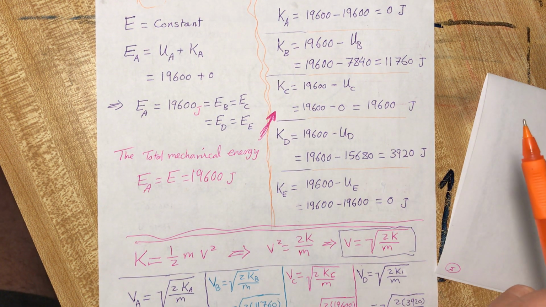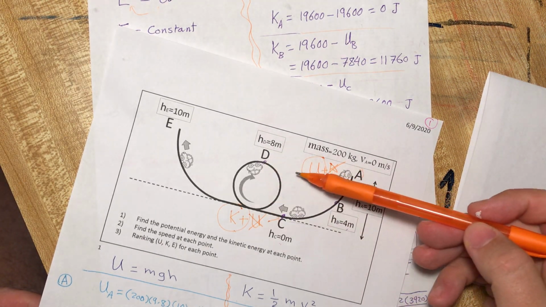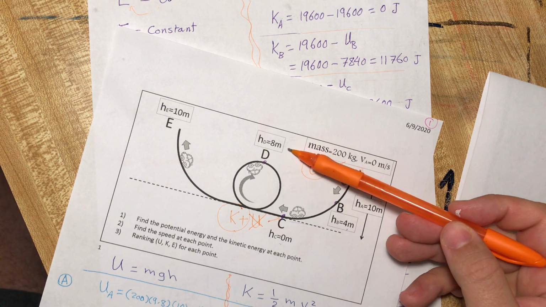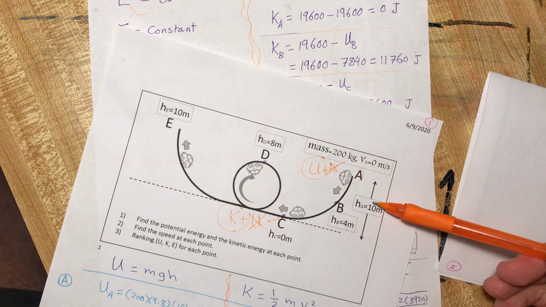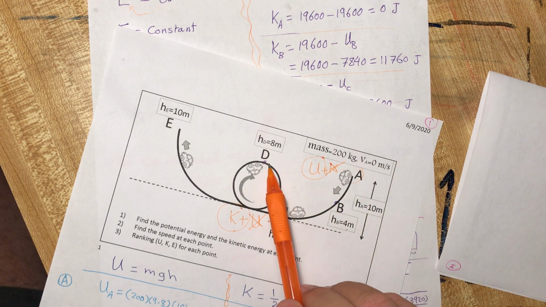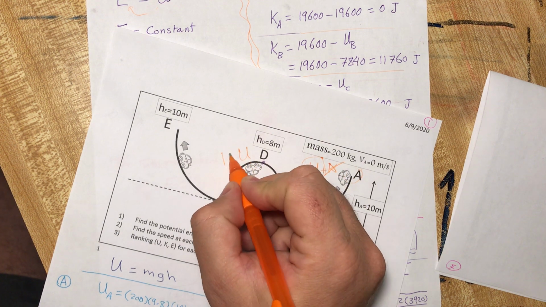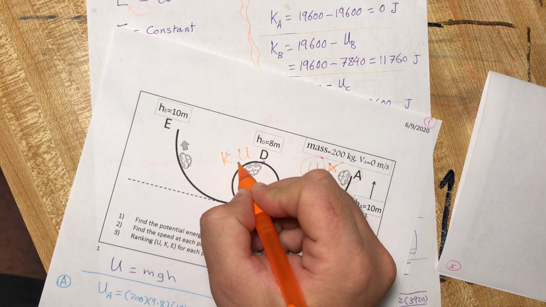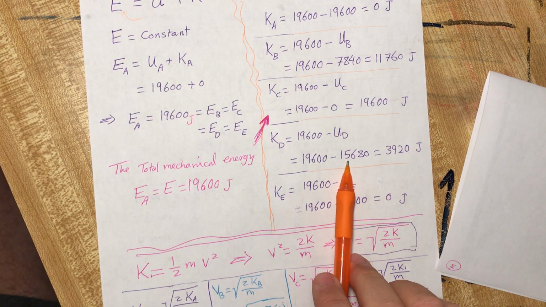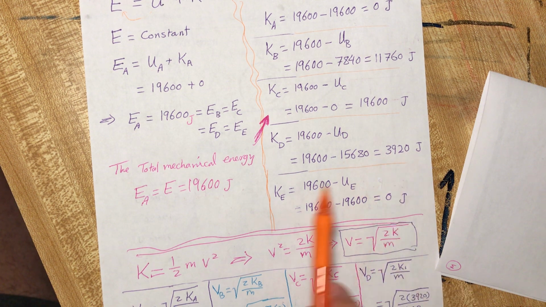It is reduced at that point because the height at that point is 10 meters, 8 meters, I'm sorry. It is near 10, and most of the mechanical energy is converted to potential energy and kinetic energy, but the kinetic energy is less than the potential energy because the potential energy is 15,000. The kinetic energy is 3,920.